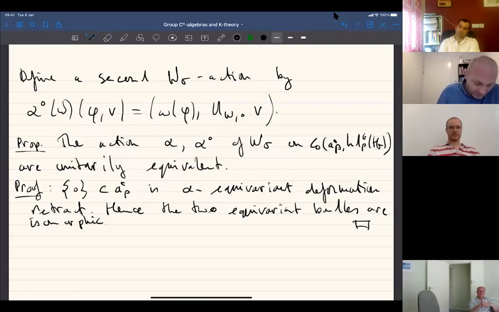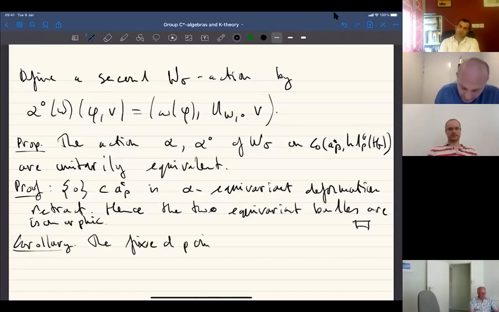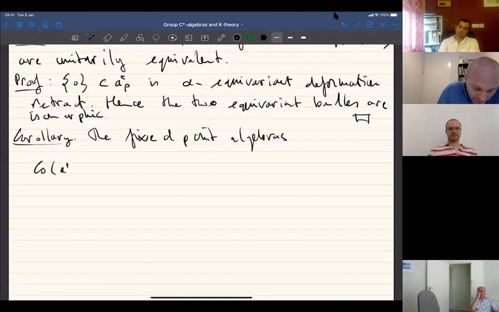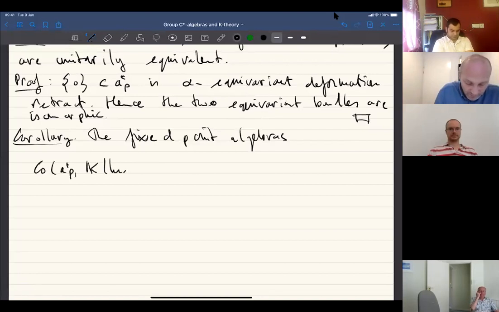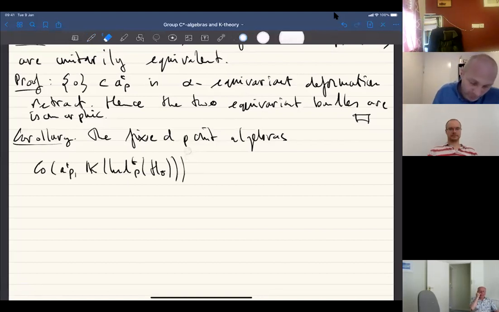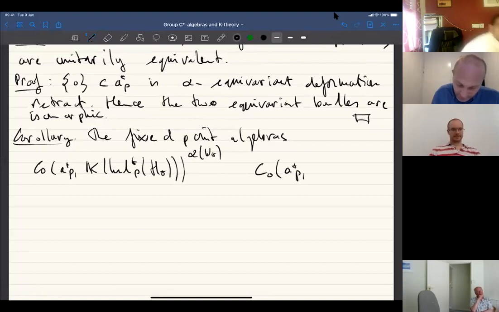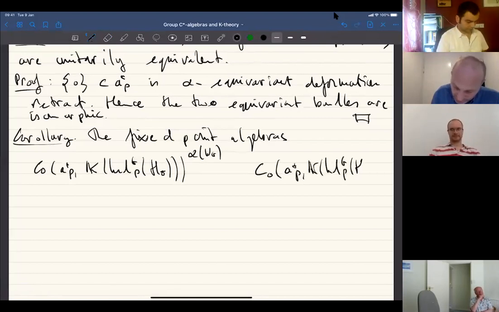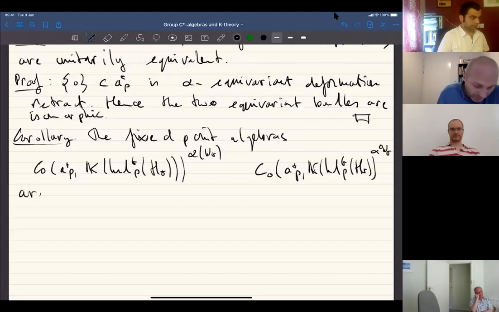Okay, and from this, we derive the following corollary, namely that the fixed point algebras C0 AP star, I'm going to need to label them, so I'll write alpha of W sigma and the second fixed point algebra alpha naught, they are isomorphic.